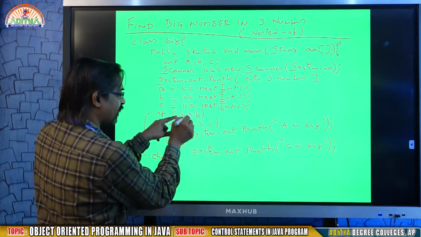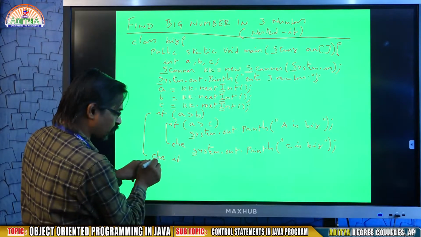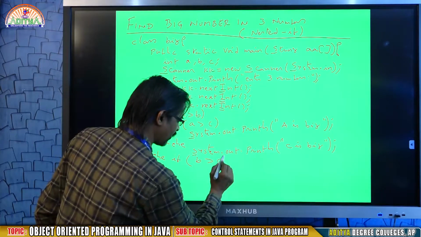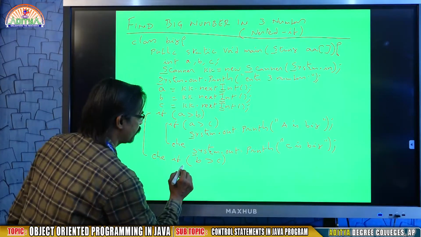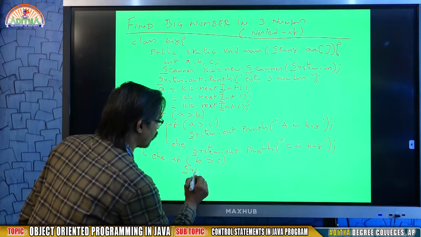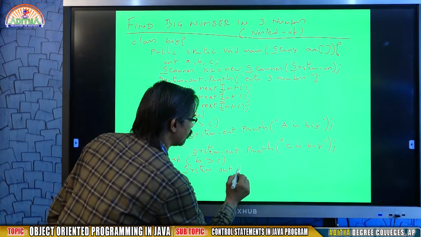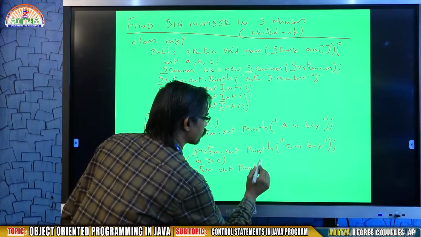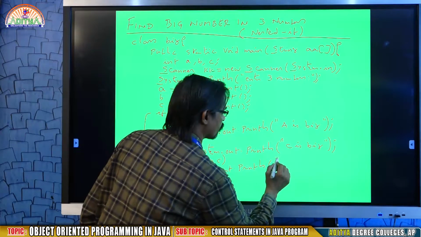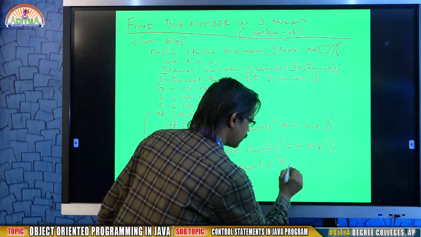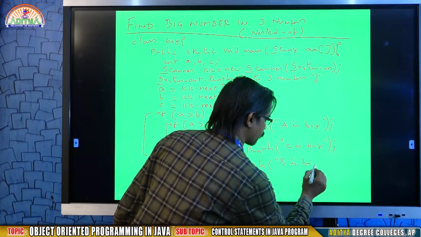That's why here the condition is false, so it will come to else. In the else, if B greater than C, then I am writing System.out.println("B is big"). So B is big.